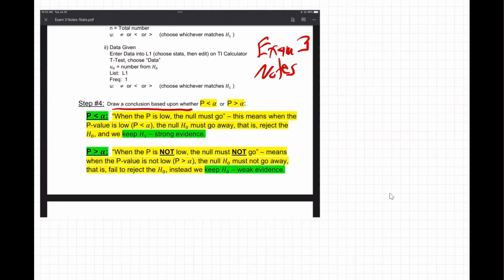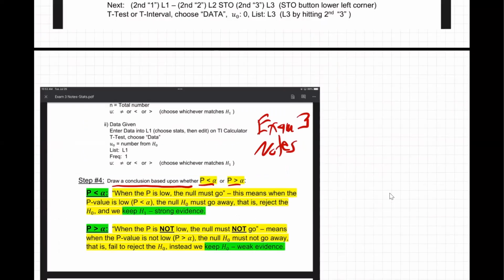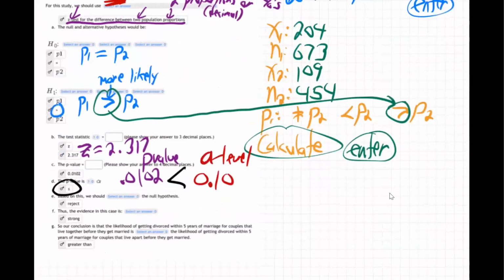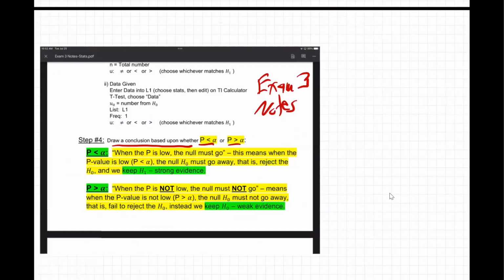because there's a conclusion based on whether p is less than alpha or greater than alpha. So what was ours? Ours was, whoops, I'm losing my spot. Less, right? P is less than alpha. So P is less than alpha right here. What does that mean? Keep H1, strong evidence, reject H0.